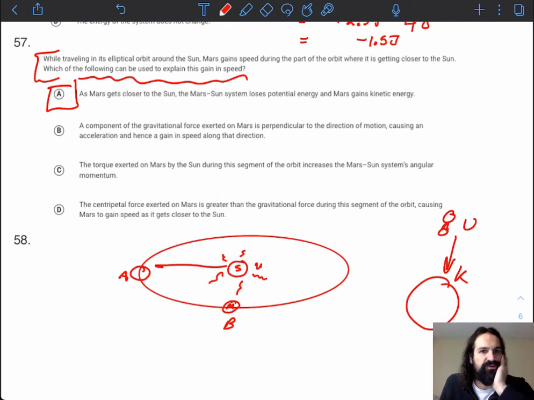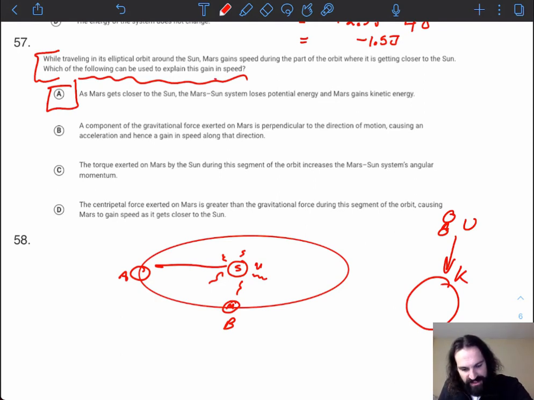B, a component of the gravitational force exerted on Mars is perpendicular to the direction of motion. That's true, because it's moving tangentially and the force is always towards the center, causing an acceleration and a gain in speed. No. Okay, so forces only cause increases or decreases in speed, because that's what this is all about.